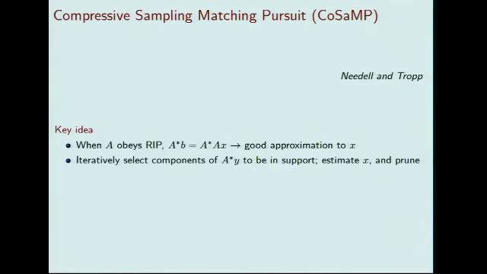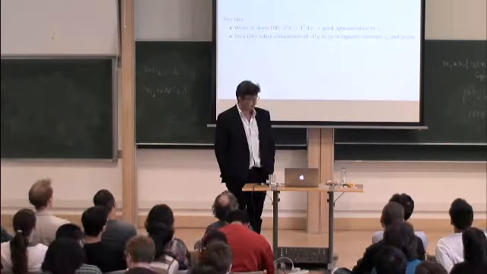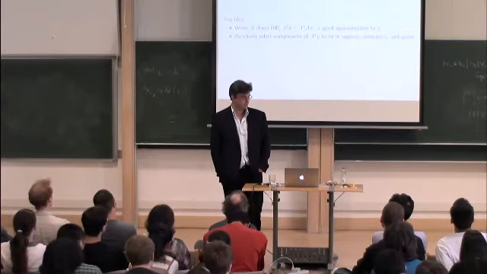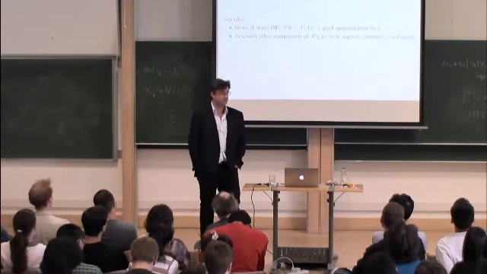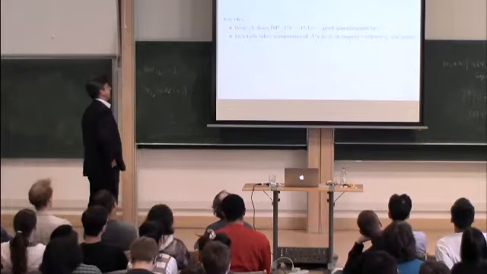I'm going to introduce an algorithm called CoSaMP, due to Deanna Needell and Joel Tropp, and we'll see that some greedy type procedures provide, under restricted isometry property conditions, surprisingly good answers as well. I would like to discuss this work a little bit.